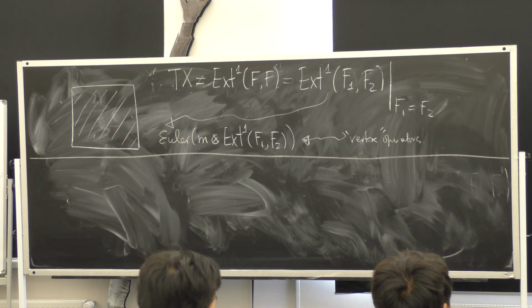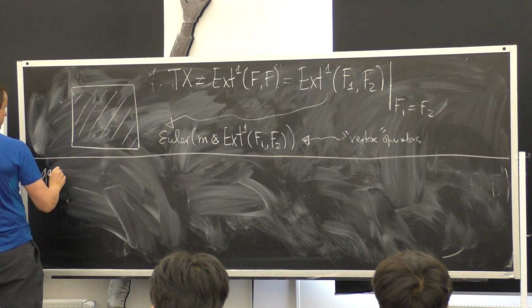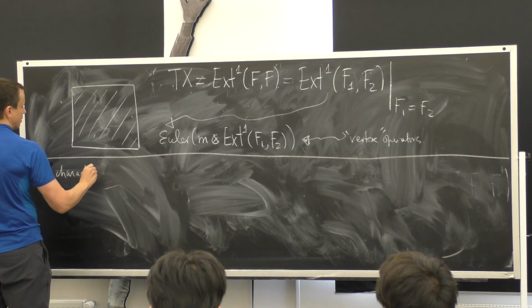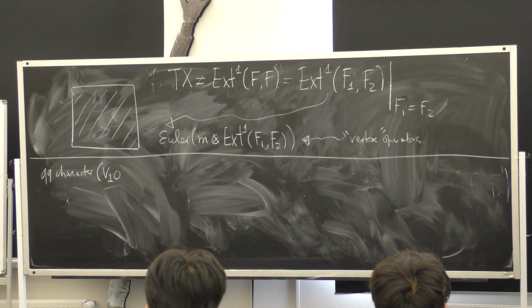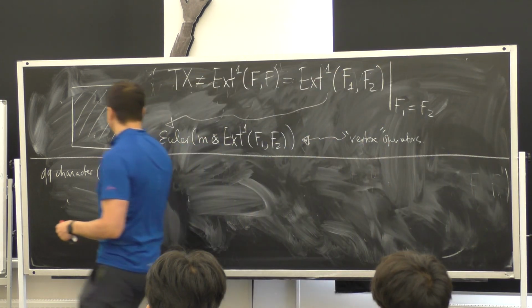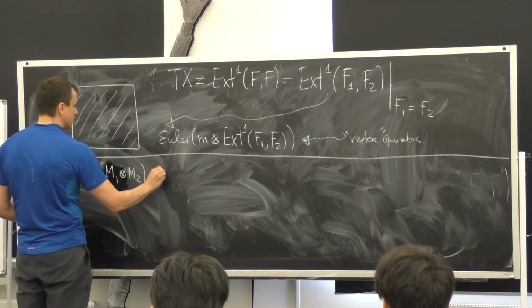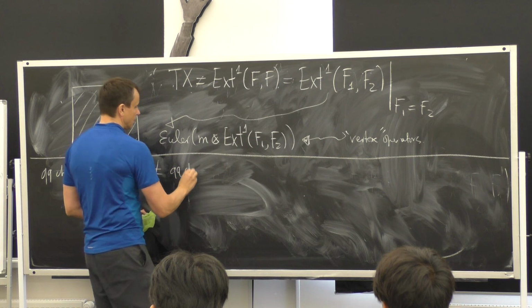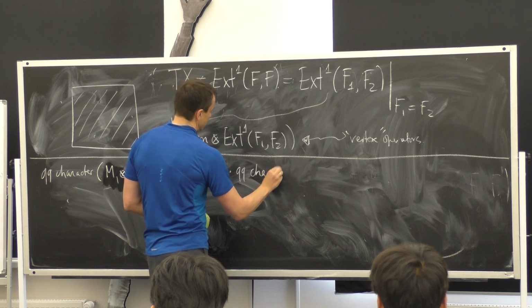so the QQ character of a tensor product is not going to be equal to the product of the QQ characters. The QQ character of some module is not equal to the QQ character of M1 times the QQ character of M2.